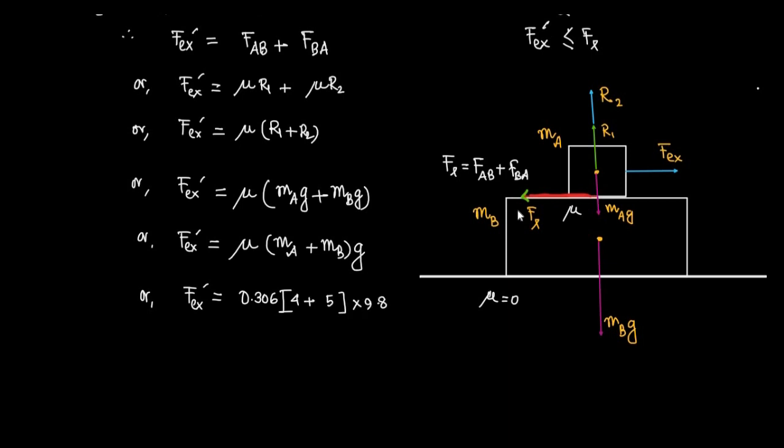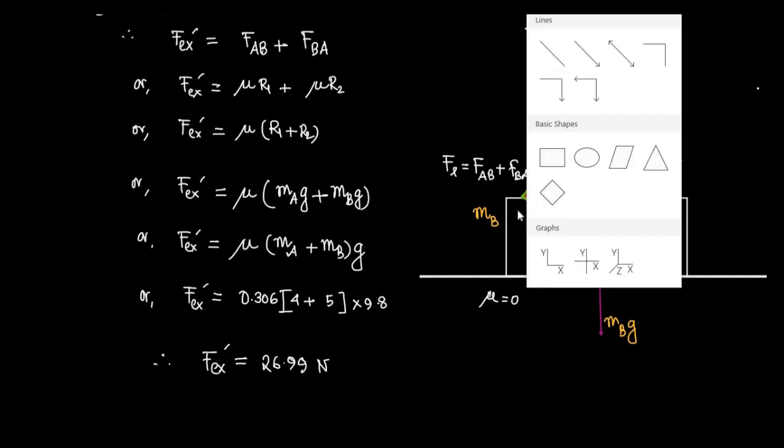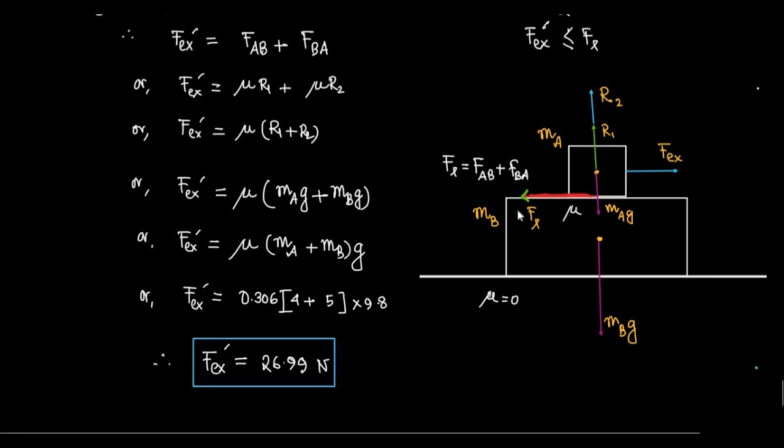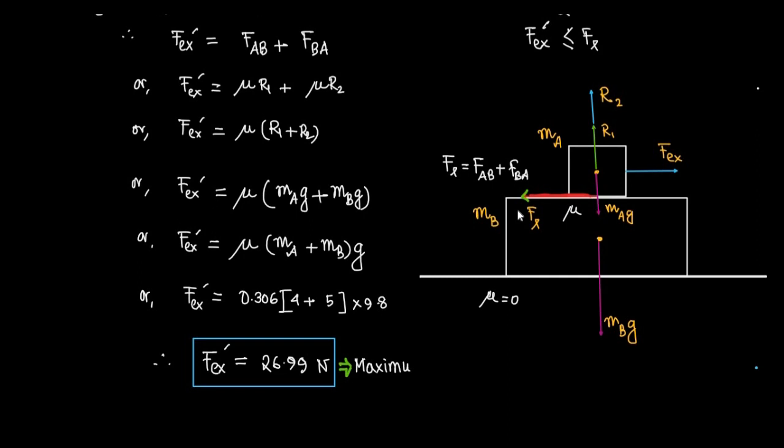Putting the values of mu, Ma, Mb and g, we get 0.306 into 4 plus 5 into 9.8. Therefore, Fex prime is equal to 26.99 Newton.